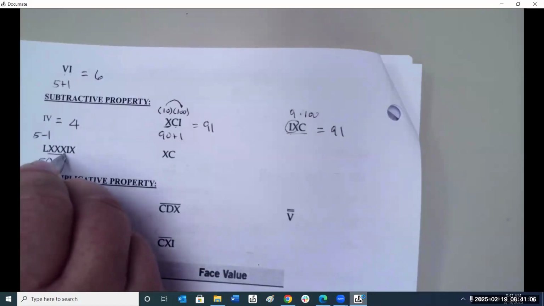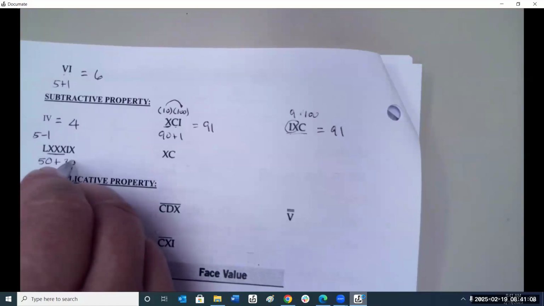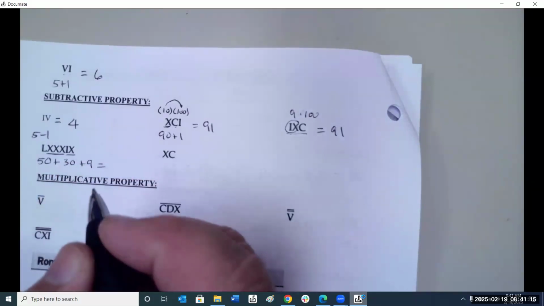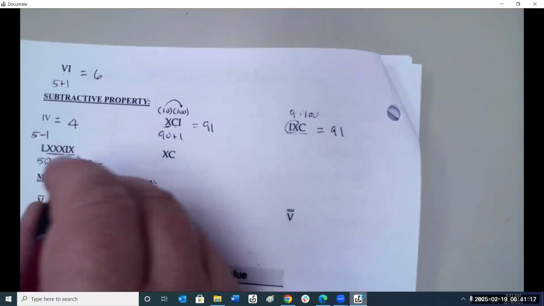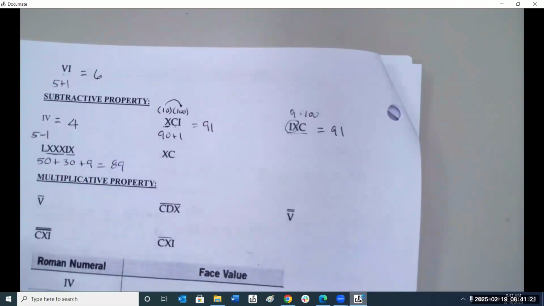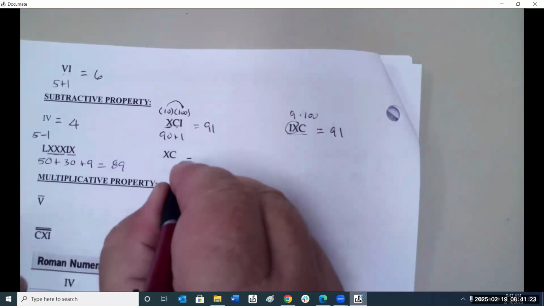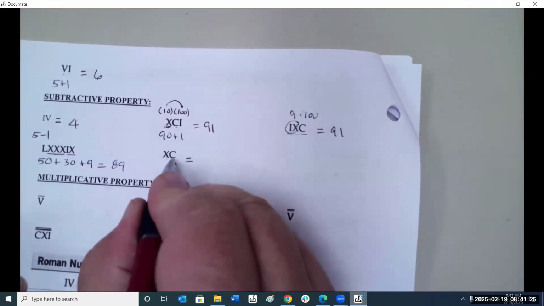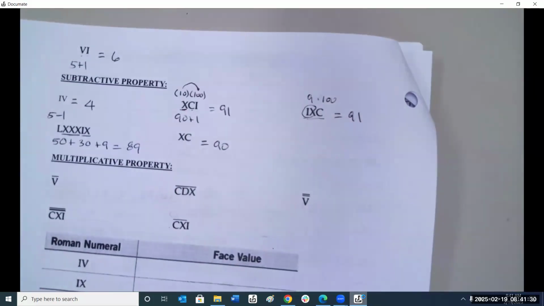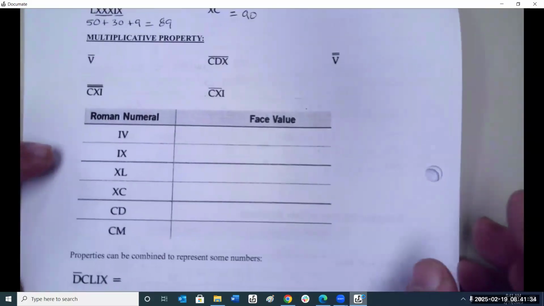And we have 3 10s, which is 30. And then IX is a 9, with 1 before 10. So it's 89. And then 10 before 100 is 90. Pretty easy, huh? So actually, let's do these face value ones.